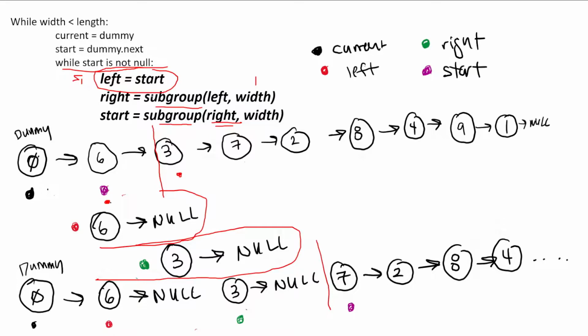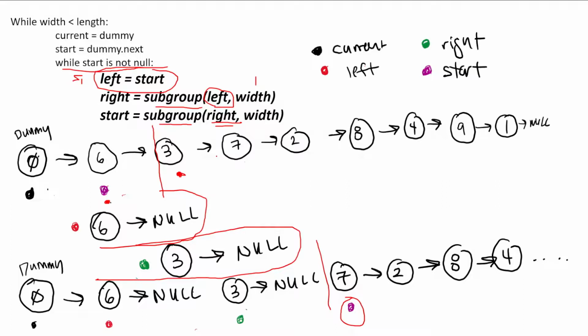And from the subgroup, that always returns to the next pointer. So since we called it on left, it will return right here. Since we called subgroup right with, the start will be on the next pointer.